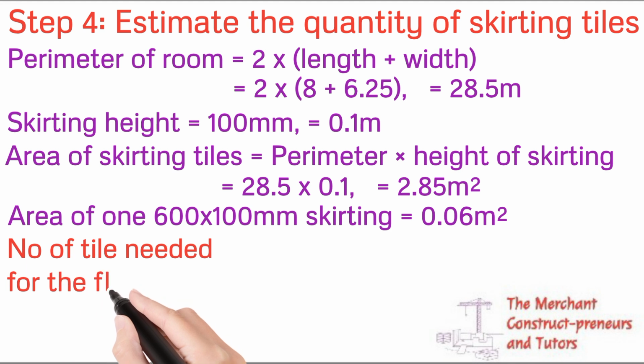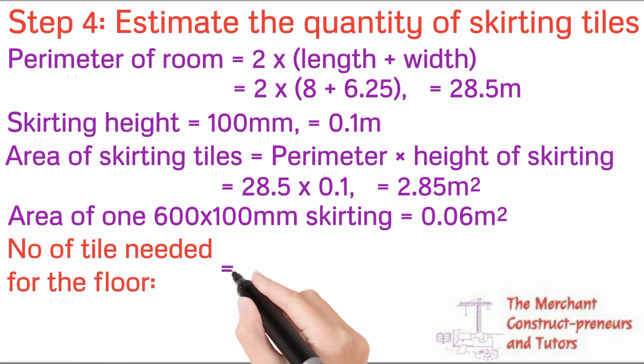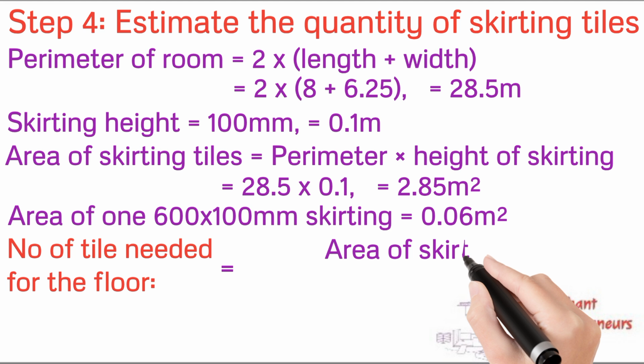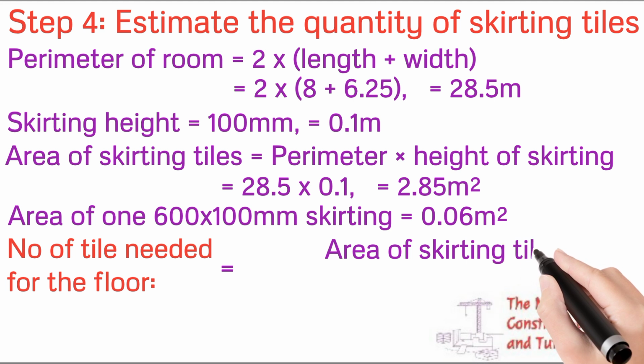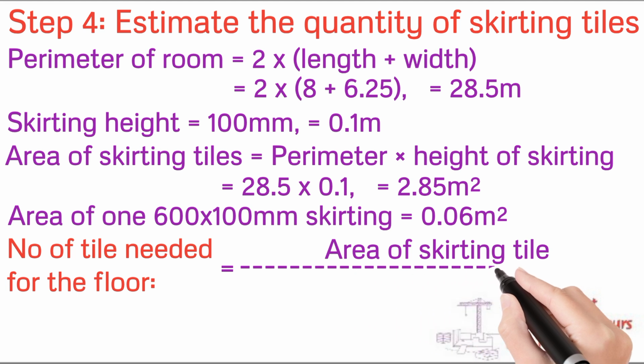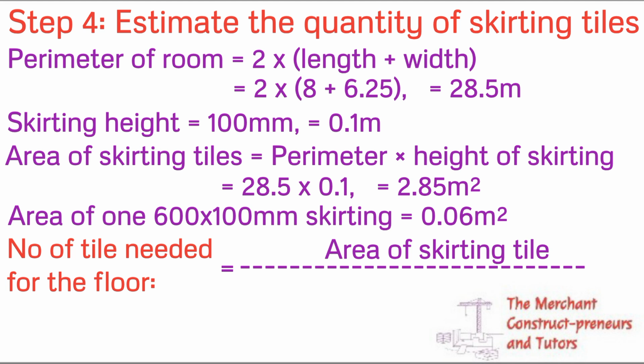So the number of tiles needed for the skirting that we're going to cut will now be the area of skirting tiles divided by the area of one 600 by 100 mm tile. I don't know if you get this explanation. So 2.85 divided by 0.06.